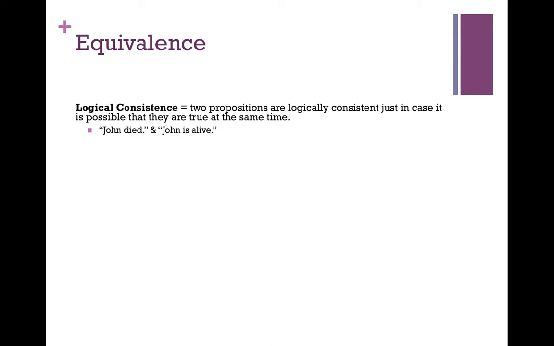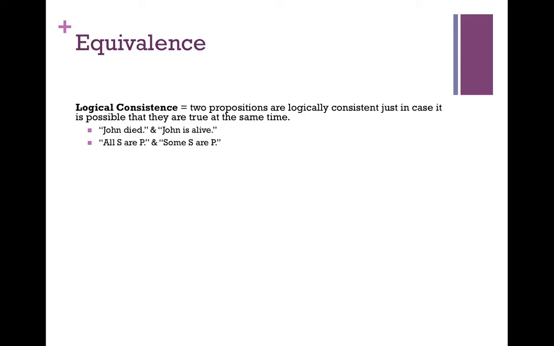In this case, it would be true that John died, but it would also be true that he is now alive. So even though they clearly don't mean the same, they are logically consistent for the simple reason that under some assignment of truth values, it is possible for these two propositions to be true at the same time.